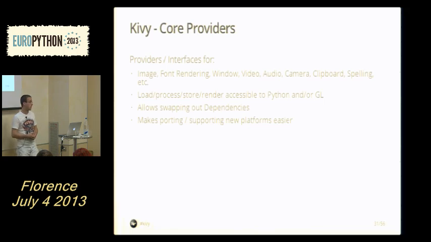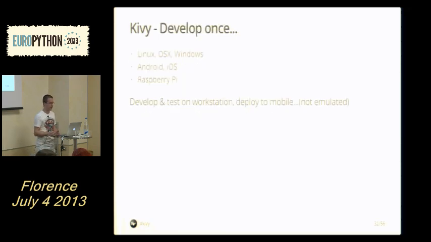It's the same for images. Pygame works everywhere except on iOS. So we can swap from one dependency to another. And if we want to support a new platform and we are not able to use an existing provider, it's really easy to write a new one and support another dependency.